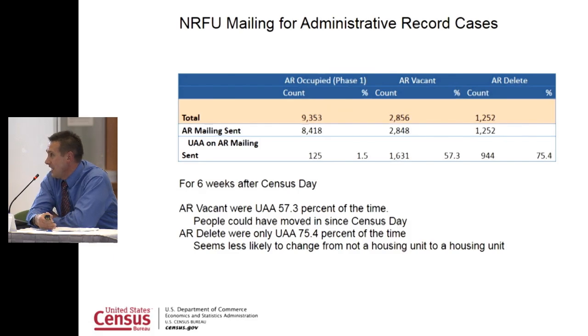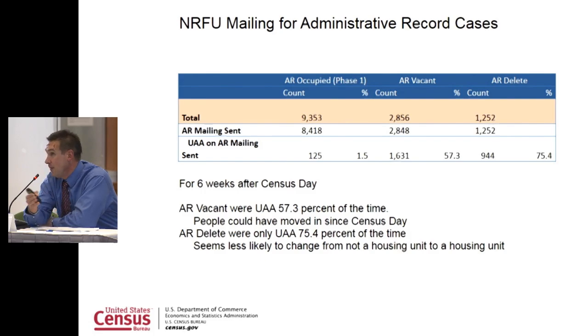So we had the vacant cases, and one of the things we wanted to do was send them a mailing in May. So for the cases that we did remove, the vacants and the deletes, for the vacants, when we did that mailing in the middle of May, 57% of them were UAA again. So for about 43% of those, the postman delivering about 6 weeks later was able to deliver that postcard.